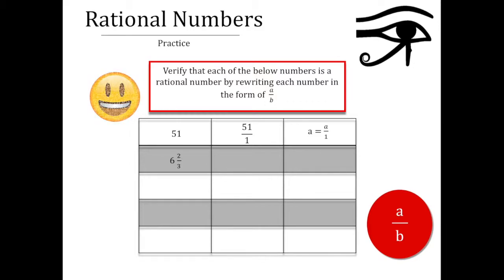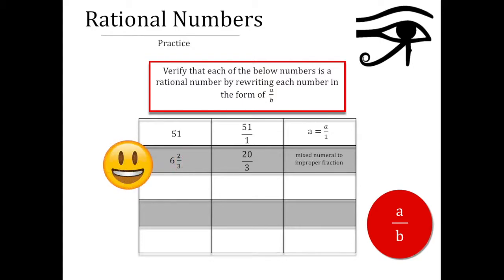What about 6 2/3? Now I see a fraction there, but it's got that whole number next to it. So we just need to change it from a mixed numeral into an improper fraction. So let's see, 6 times 3 is 18, plus 2 is 20. Okay, 20 over 3. Still the same number, but now written as a over b.